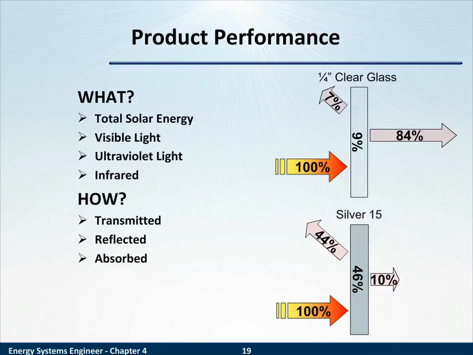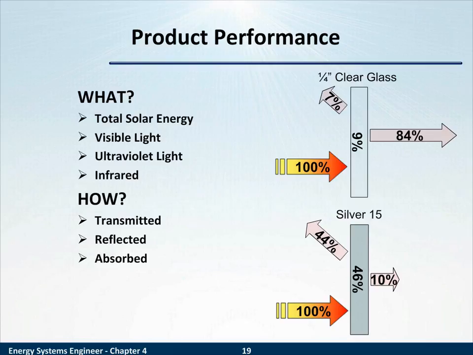So we have presented here, this happens to be a window film example, but this could be the same for a tinted glass example, and that is, as it pertains to glass and glazing, what are some important terms we're going to use? The what is total solar energy. What is that?